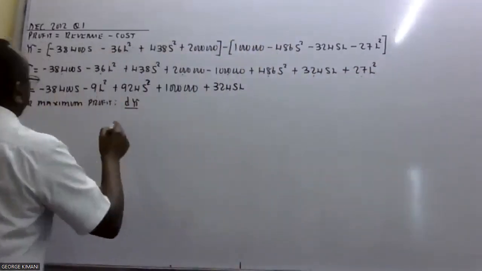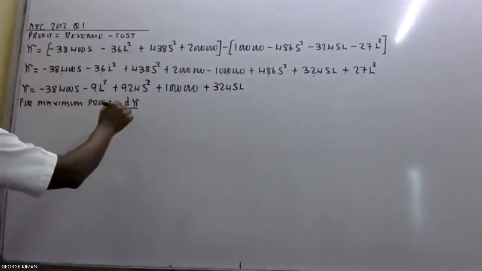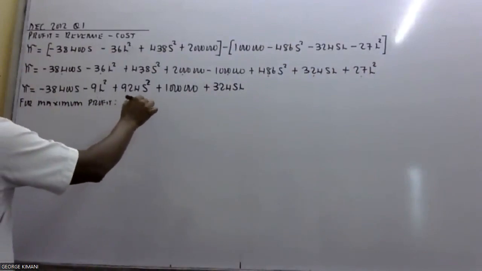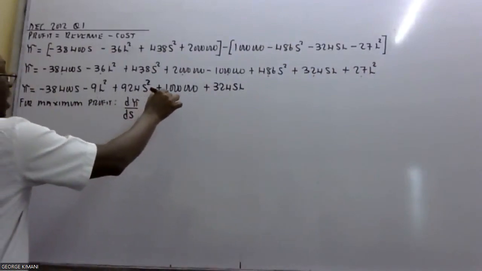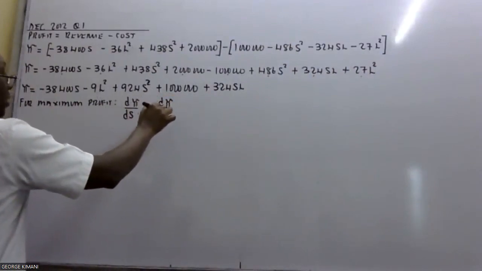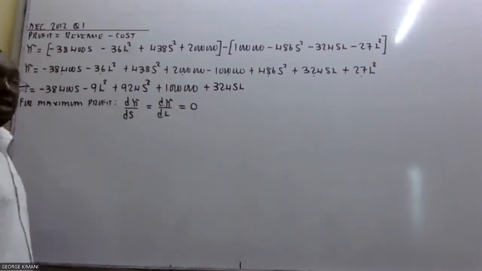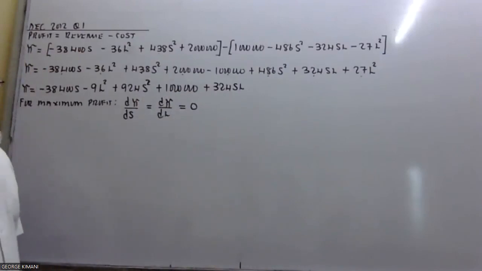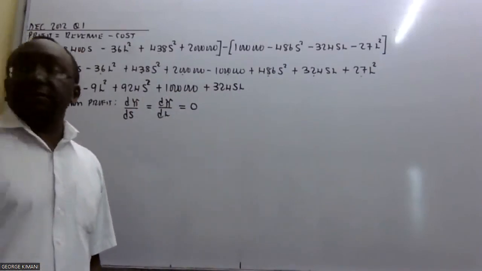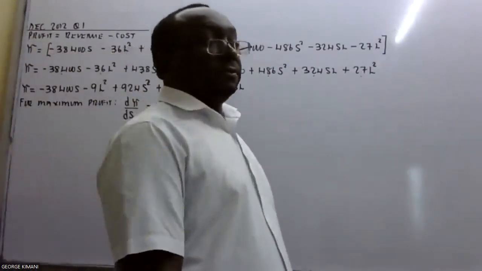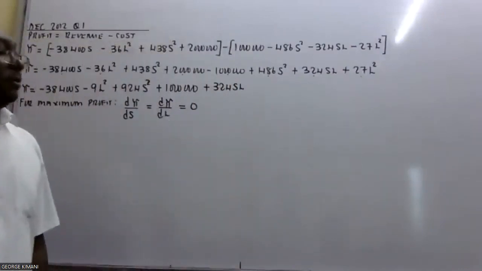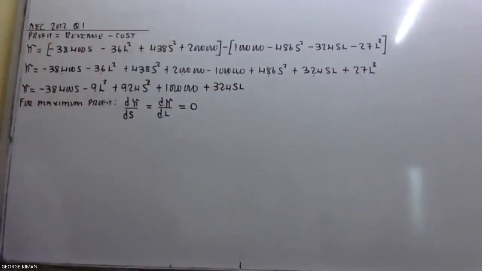We will say the differential of pi with respect to S should be equal to the differential of pi with respect to L, and all of them should be equal to 0, because at the turning point it should be 0.